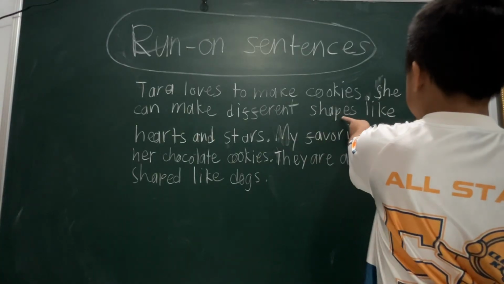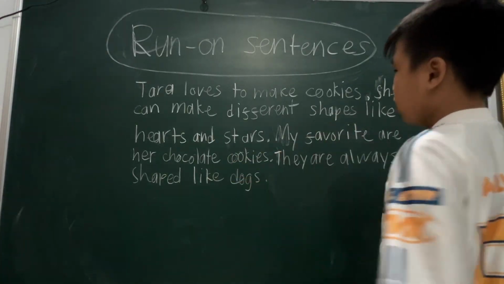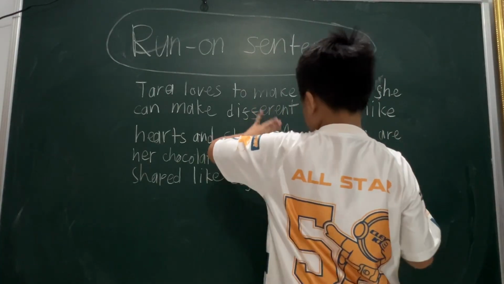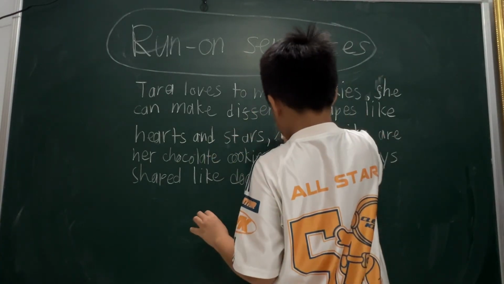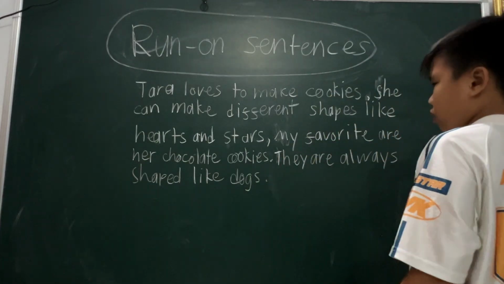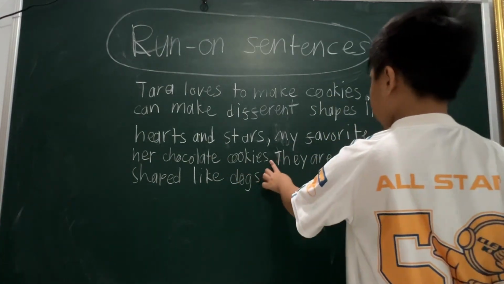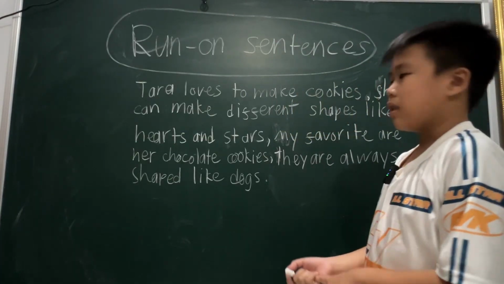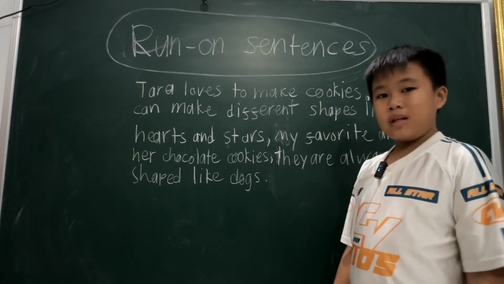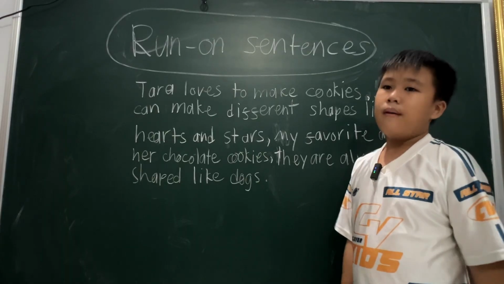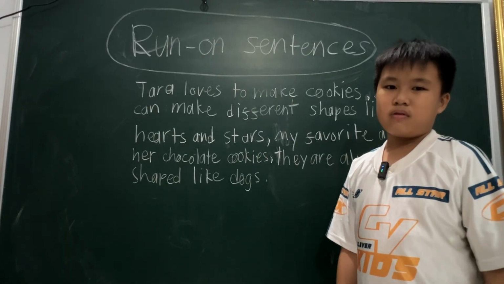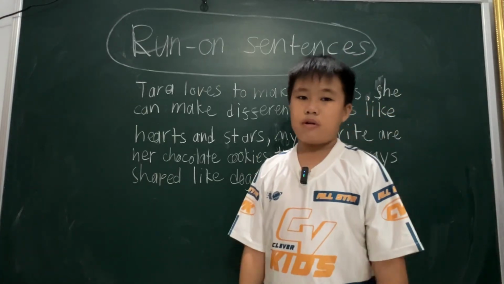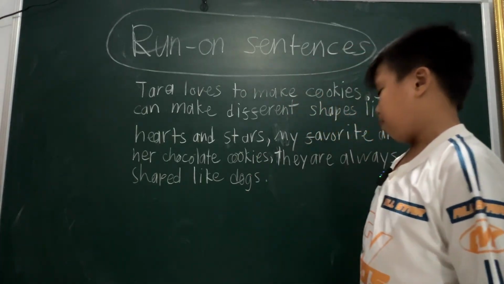Tara loves to make cookies, she can make different shapes like hearts and stars, my favorite are her chocolate cookies, they are always shaped like dogs. Well, this comma thing is also pretty good, but not too good if you're doing a test. But this is only better than the period one. This is only even better.